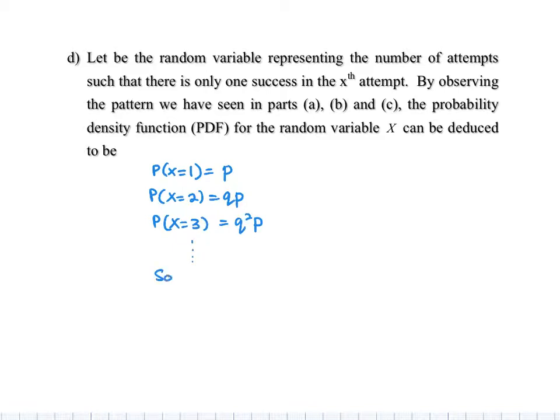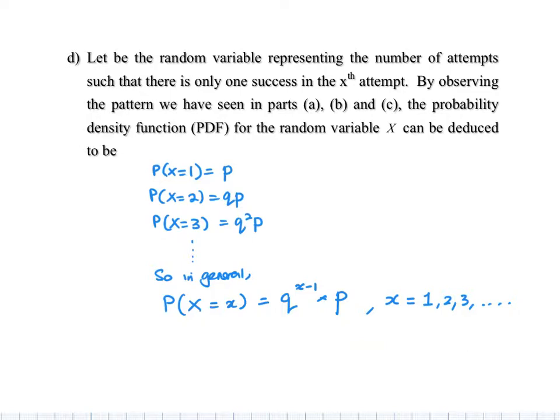So in general, P(X = x), where x is a small value of x here, is equal to Q. As you can see, the power of Q is always 1 less than the value of x. So it should be Q to the power of x minus 1 times P, which gives us the probability density function of the geometric distribution for values of x equals 1, 2, 3, and so on.